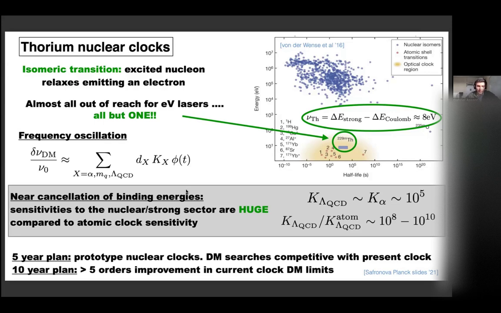And the 10-year plan would be that there's an increase of more than 5 orders of magnitude in dark matter limits from clock experiments. So there's not yet a nuclear clock, but at least people have definitely made a lot of progress experimentally and have managed to excite exactly this nuclear transition in thorium atoms and ions.